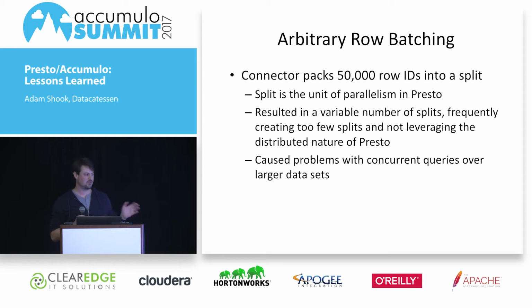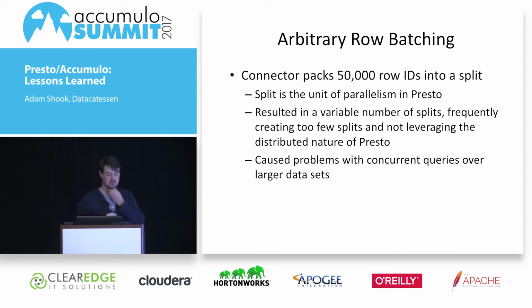So you'd have a variable number of splits all the time, and you'd either create too few splits. If you only have 2 splits, each Presto worker can run 80 tasks by default, and if you have 10 Presto workers, you're not really fully leveraging the parallelism inside Presto.